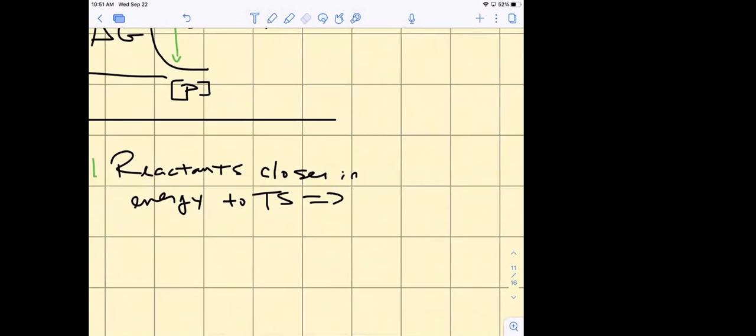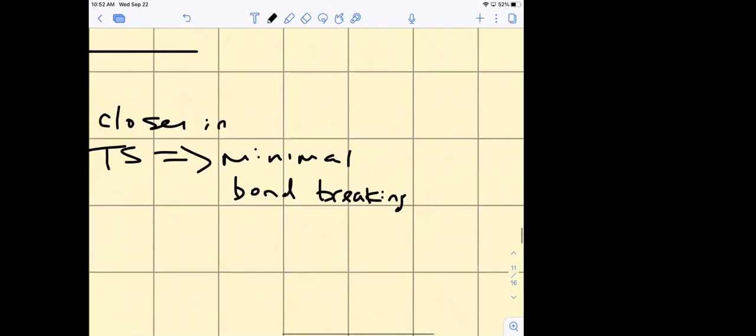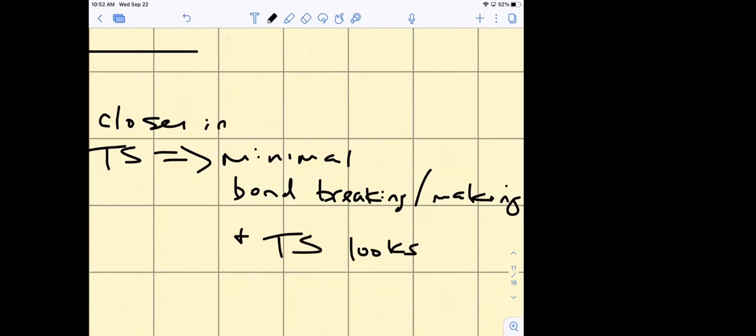What that means in terms of the extent of bond formation is there's minimal bond breaking and making, and the transition state is going to resemble reactants, right?